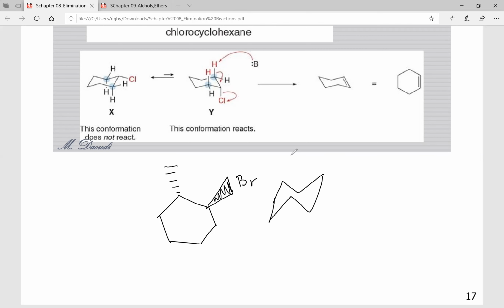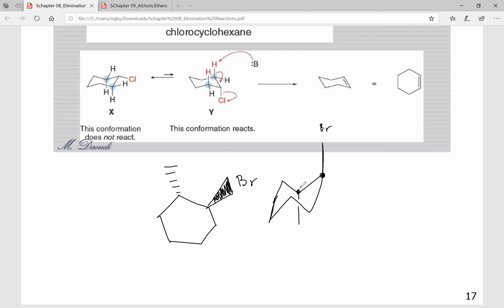So if I go here and I say, okay, this is going to be my bromine here, actually, I'll make this my bromine here. And so my bromine is a solid wedge, so I'm going to draw it going straight up. Okay? My methyl group is on a dashed wedge. I'm going to put my methyl group right here, so it's going to be going straight down. Okay?